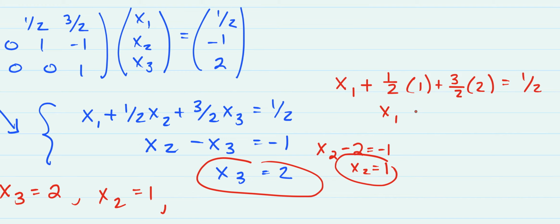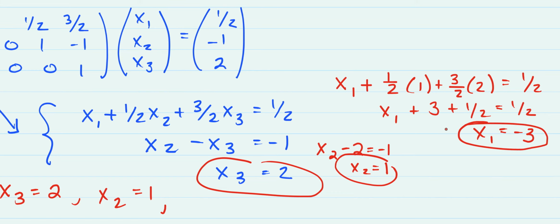Get x1 plus 3 plus 1/2 is 1/2. So we get x1 is equal to -3. So this is our solution. x1 is -3. We can write it like this, where this is x1, this is x2, and this is x3. Or you could just write it how I've circled it.